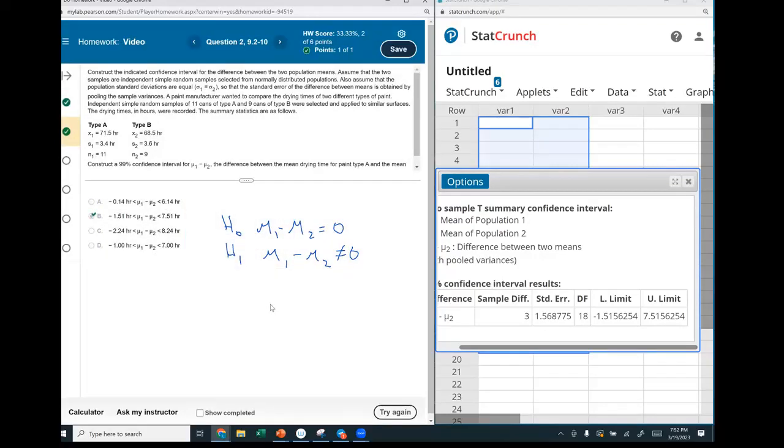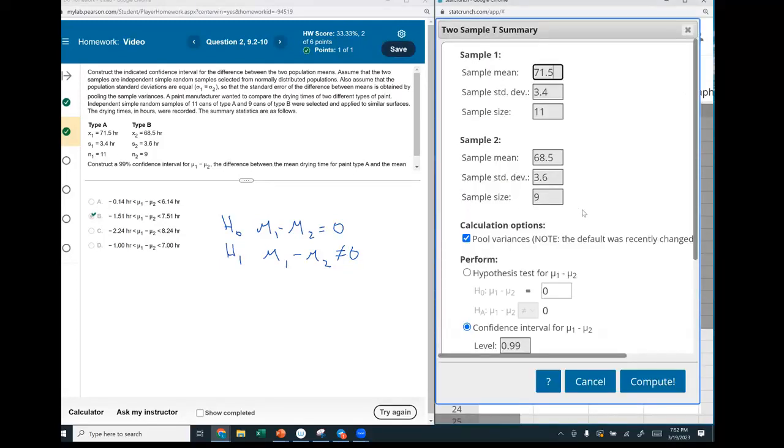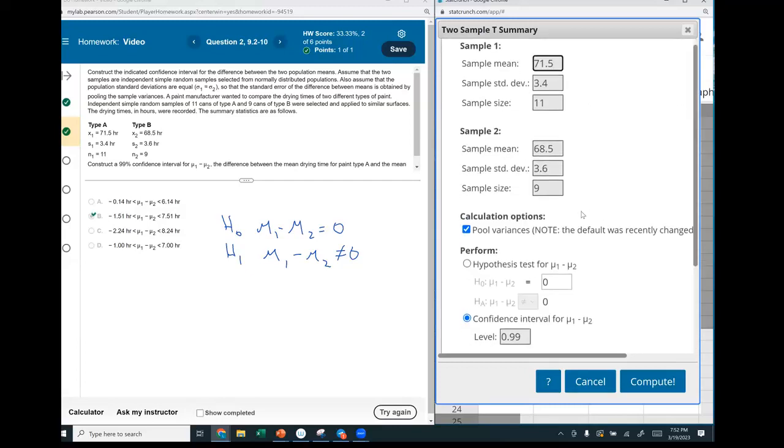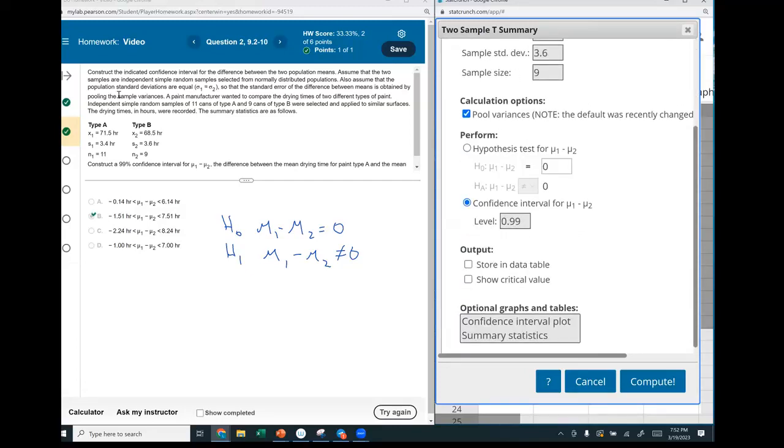So whenever you have a two-tailed test, let's go back here, because there's something a little tricky in here. We have a two-tailed test, so our confidence interval stays the same as what we're trying to construct here.